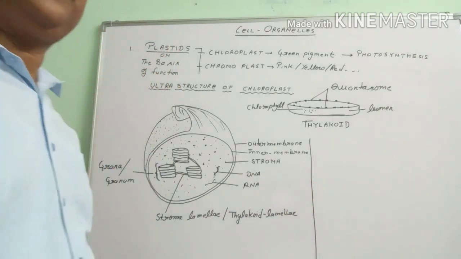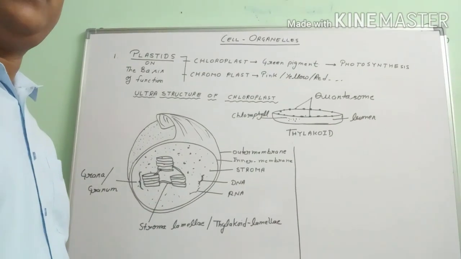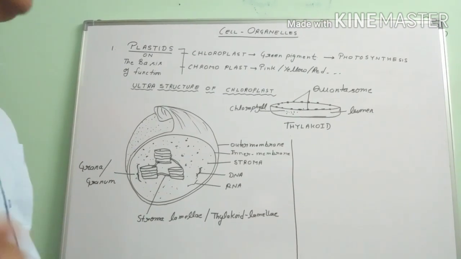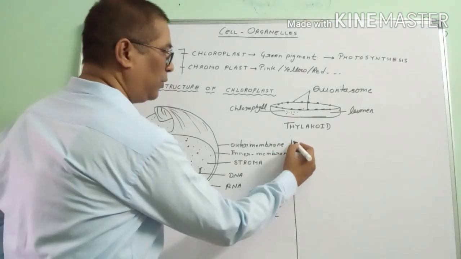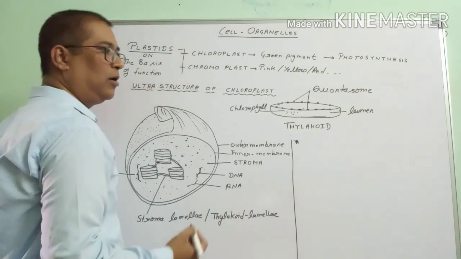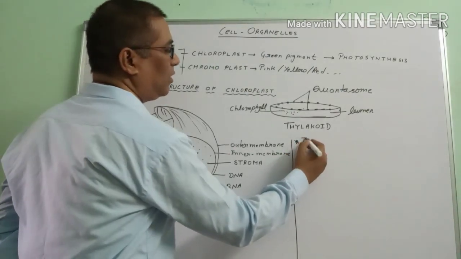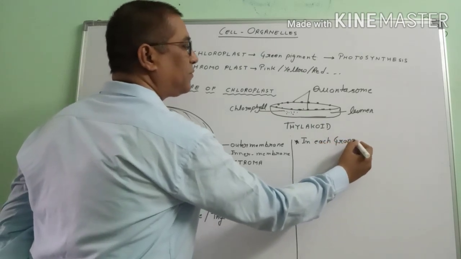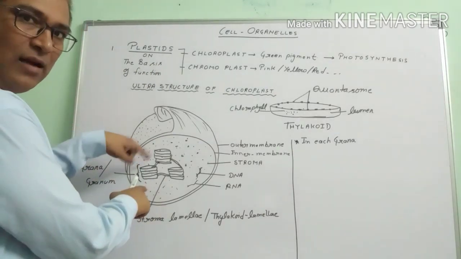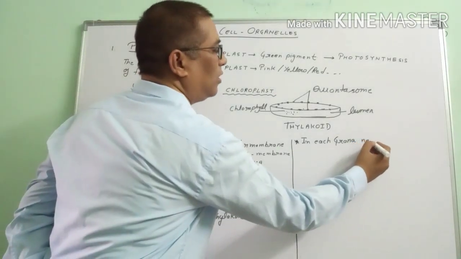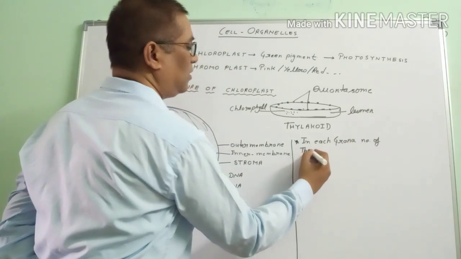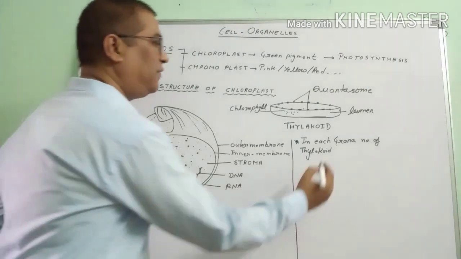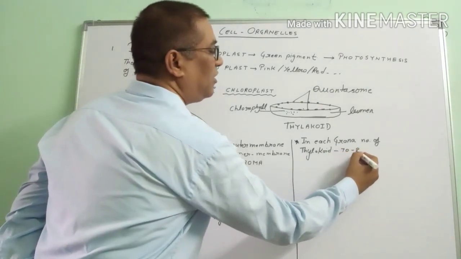First point, the number of thylakoids in each grana ranges between 70 to 80.